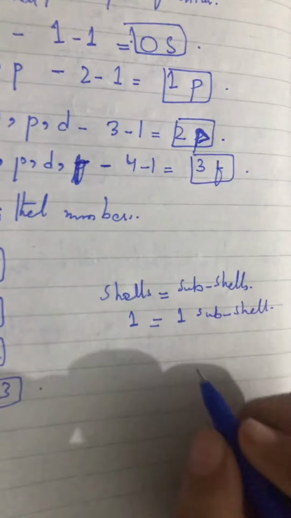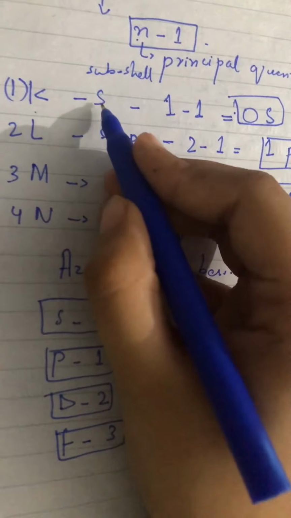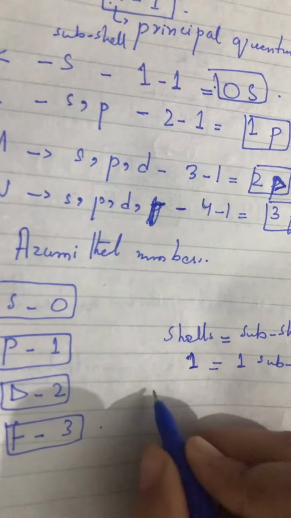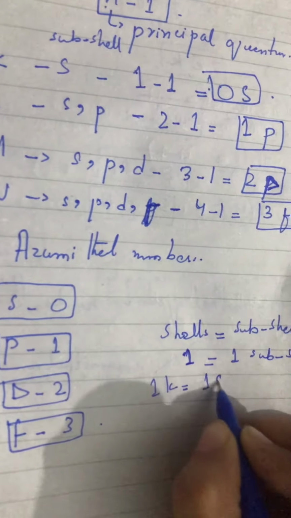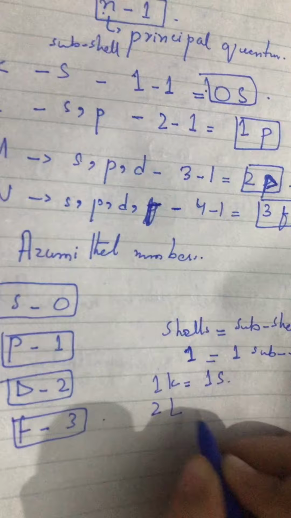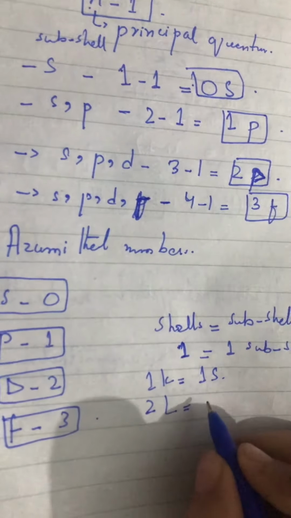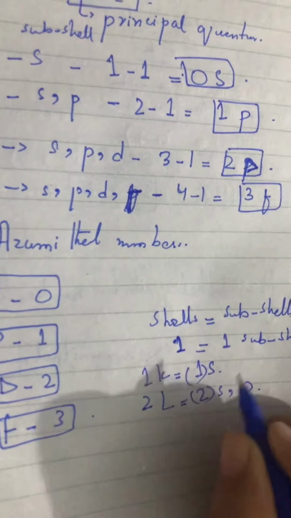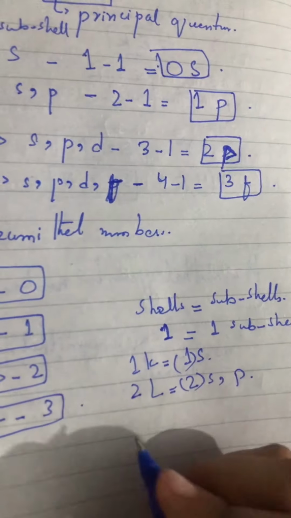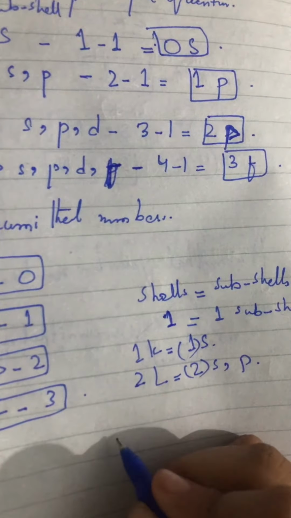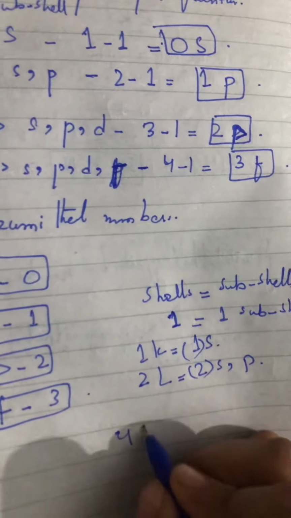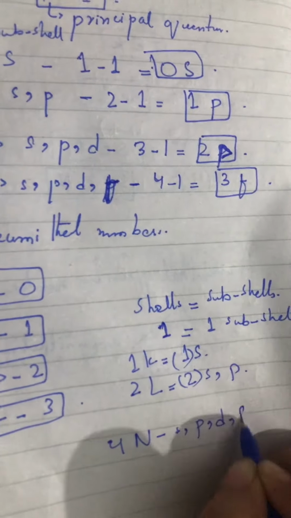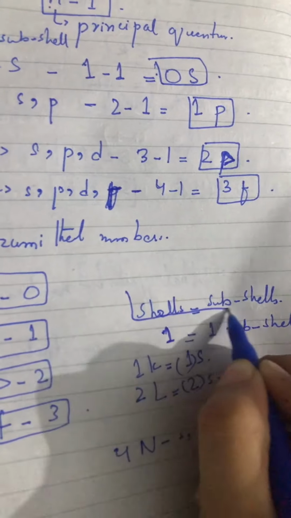In K we have one subshell, that is S. L is number 2, so it will have 2 subshells, S and P. N is number 4, K, L, M, N, so there will be 4 subshells, S, P, D and F. So shells will be equal to subshells always.